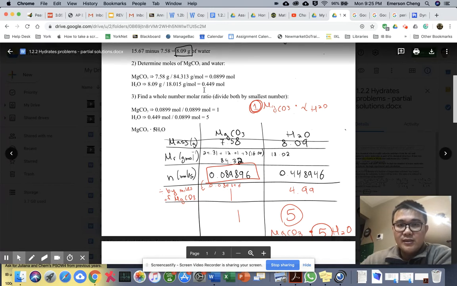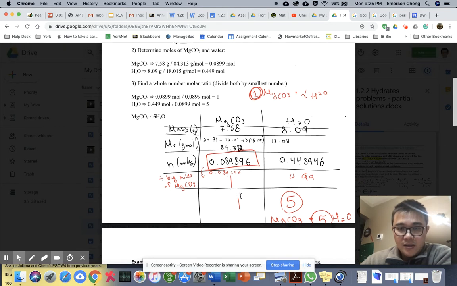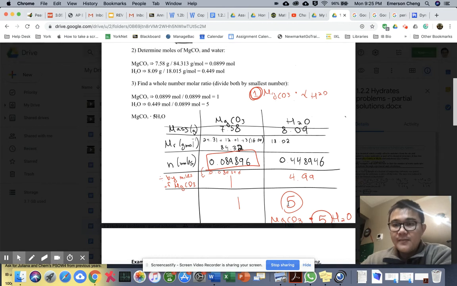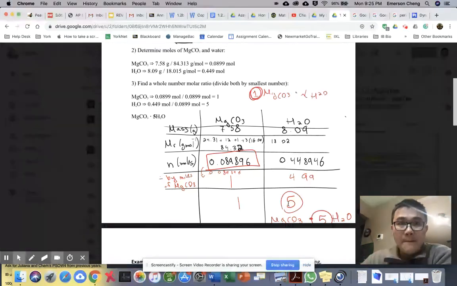So you end up with 1 here and then 4.99, something along that line. So you round to 1 to 5. In terms of calculation, that's about it.